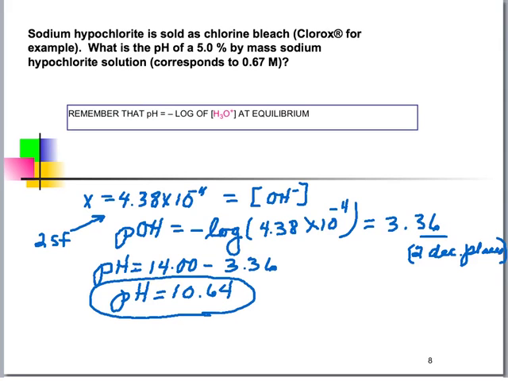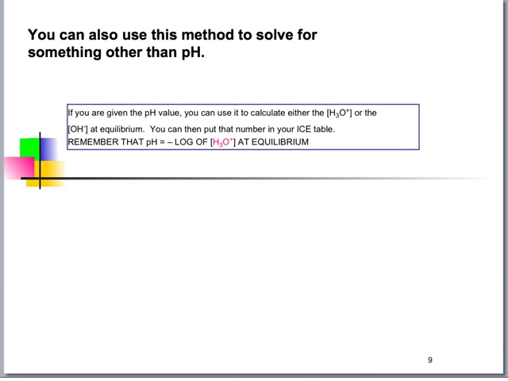Is that basic? Yes, it is. So it makes sense. And of course, you can use this method to solve for something other than pH. If you're given the pH value, you can even convert it to H3O+ or the OH- at equilibrium and put that in your ice table to calculate something else, such as Ka or Kb.